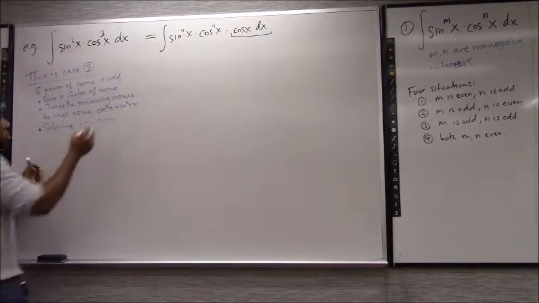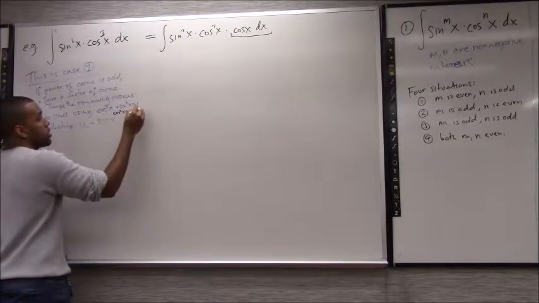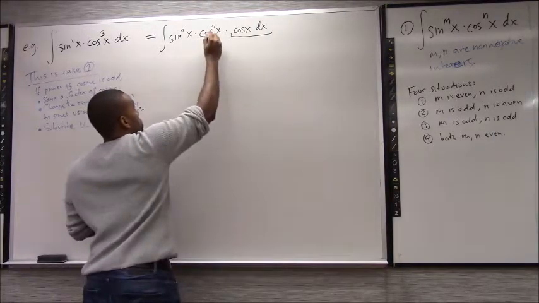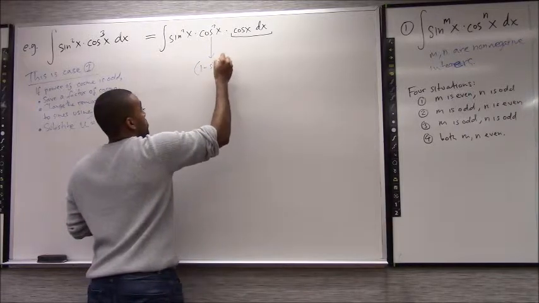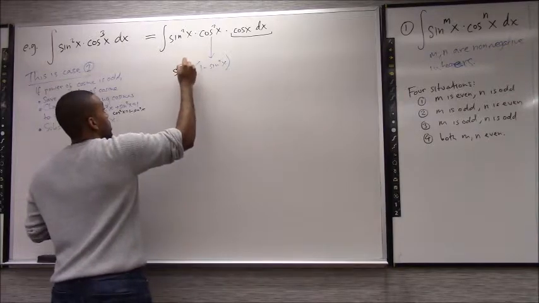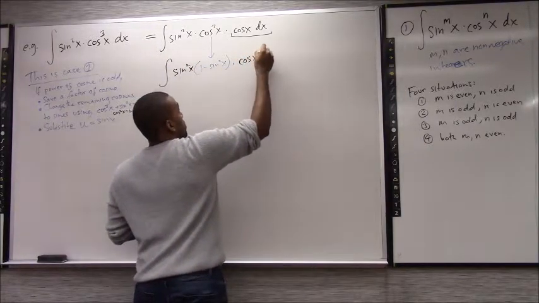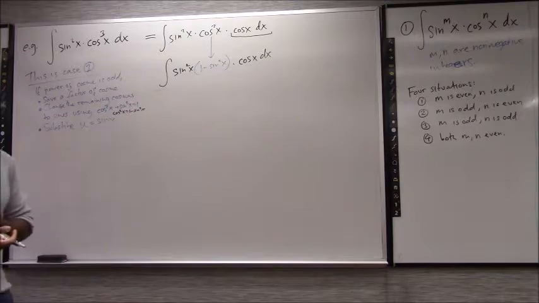You're obviously going to use the fact that cosine squared is just 1 minus sine squared. And so that's what I'm going to do here. This guy I'm going to replace with 1 minus sine squared. So I'll have a sine squared here, and I'll have the cosine hanging out right here. So now everyone is in sines except that last cosine that's hanging out at the back.